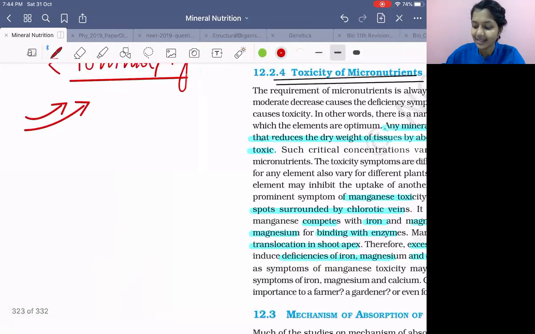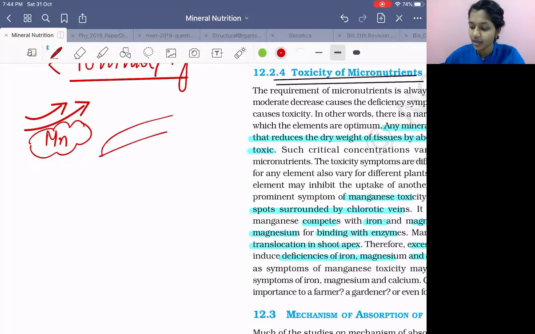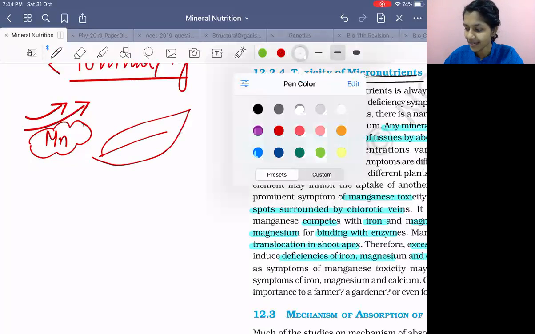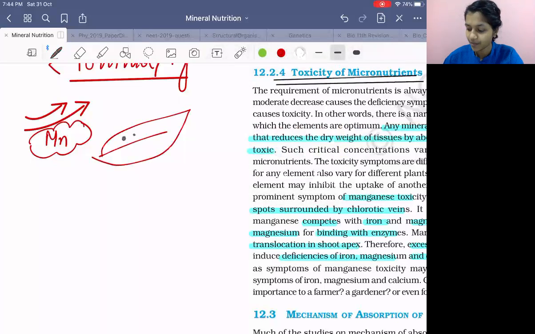For example, manganese toxicity. Whenever manganese is more in the plant, what symptom is observed in the plant? Brown spots. There will be brown spots surrounding the chlorotic vein. What do you mean by chlorotic vein?